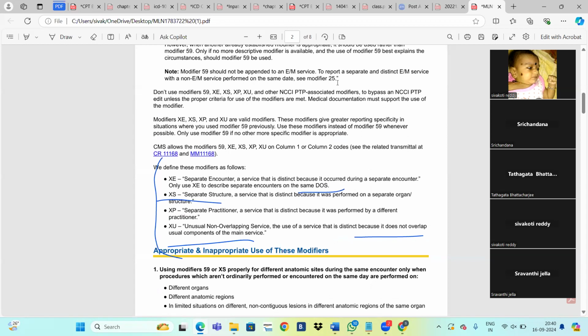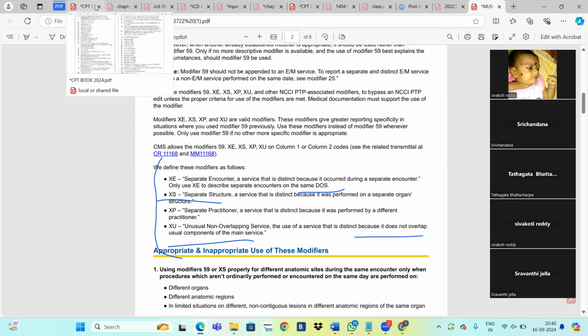Only modifier 25 you can use with E/M. Clear? Only CPT procedure codes. For procedures only.